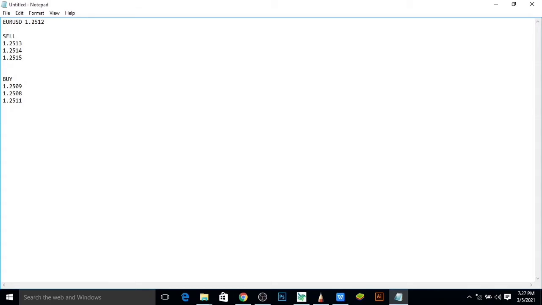Who wants to sell for the least price? So among all these sellers here, who is selling for the least price? If you guessed correctly, that is 1.2513. Yes, that's correct. So 1.2513 is the least price amongst the sellers.